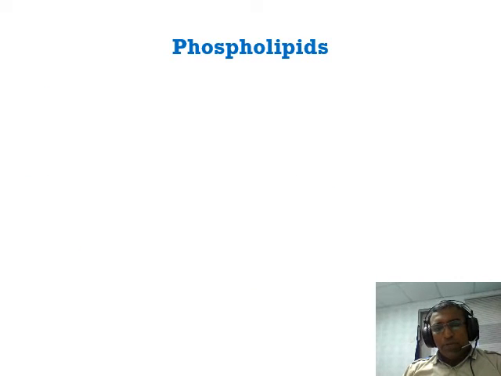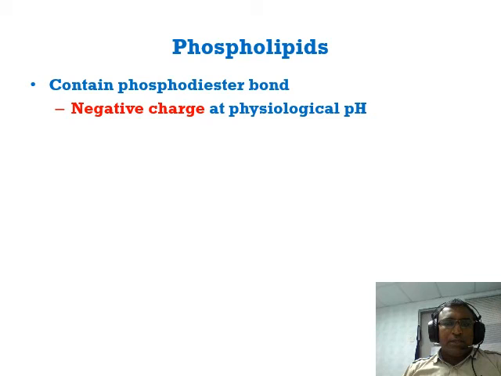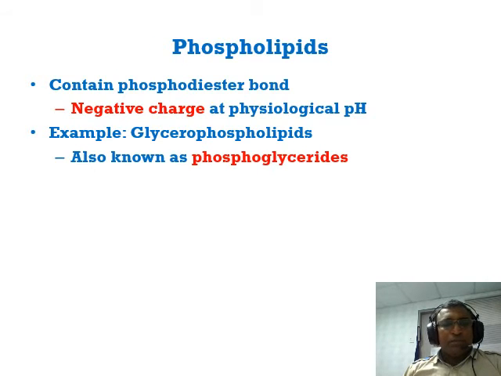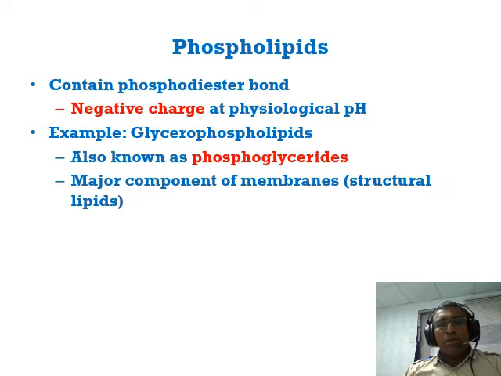So now we look at phospholipids. It is negatively charged because of the phosphate that is found there, and it could also have a positive charge or a polar component, which we will see in a while. It can be called glycerophospholipid because of the glycerol involved in connecting the fatty acids as well as the phosphate group.